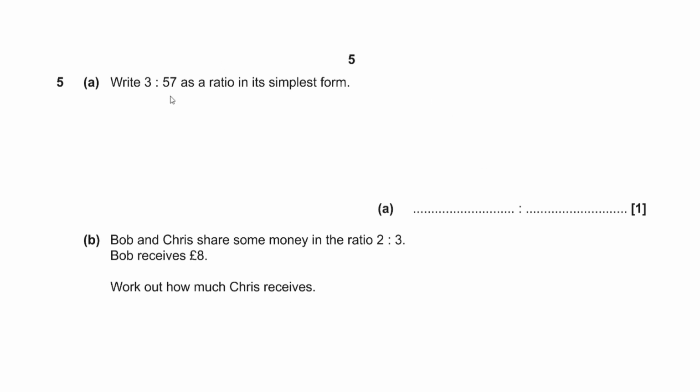Question number 5, part A. Write 3 to 57 as a ratio in its simplest form. So far, we've got 3 to 57. If I divide both sides by 3, what we end up with is 1 to 19.